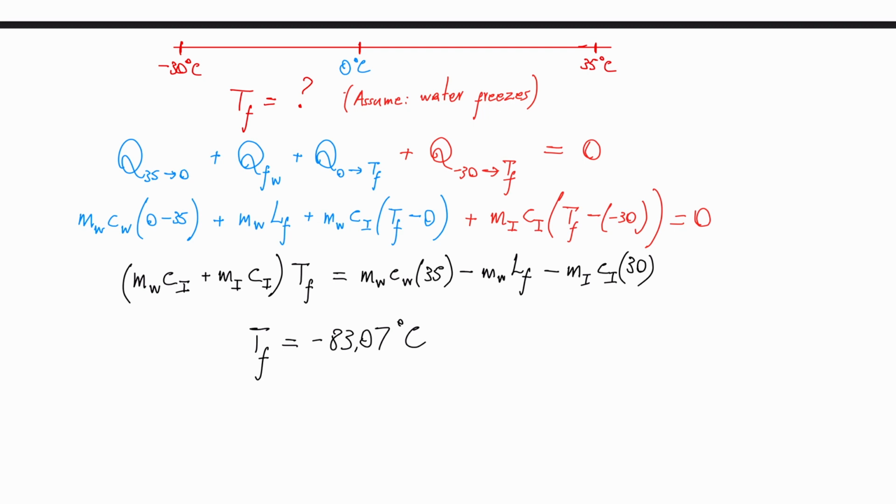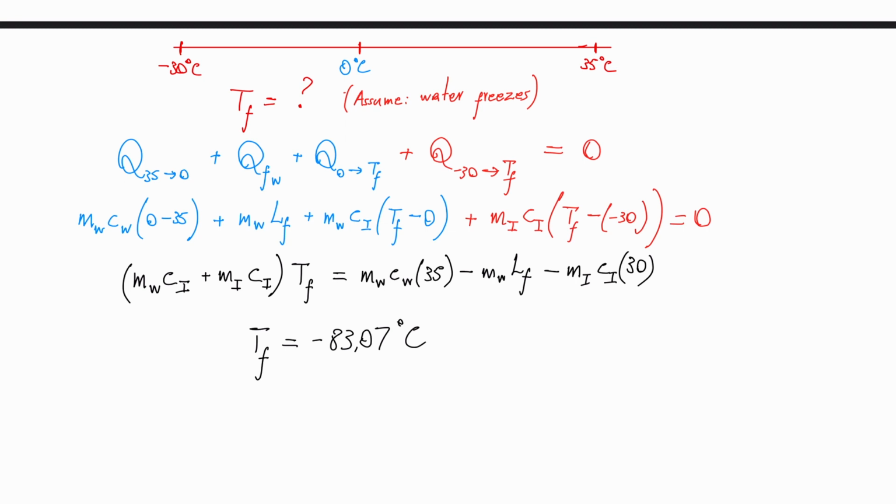But then again, because we assume that the water freezes, we know that we must go from 0 to another point, to the final temperature TF. So these three terms correspond to the processes that water will undergo when it freezes.